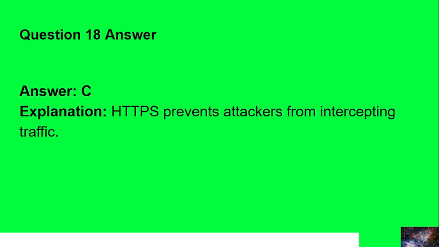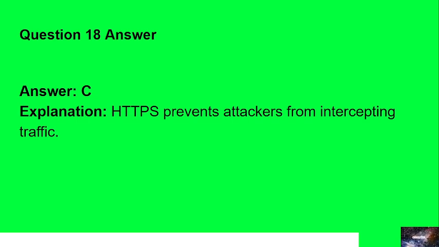Because in a man in the middle attack, the attacker is standing between the client and the server to intercept the request from the client. And when that request is already encrypted by the client side, then it becomes useless for the attacker standing in between as man in the middle.